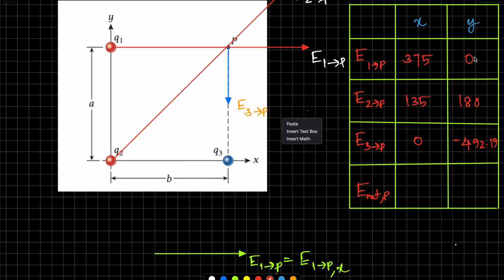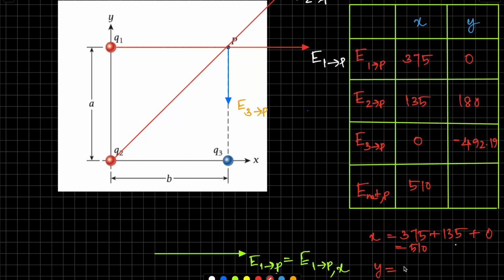Now add the x components together to find the x component of the net electric field at point P. So the x component will be 375 plus 135 plus 0, which is 510.